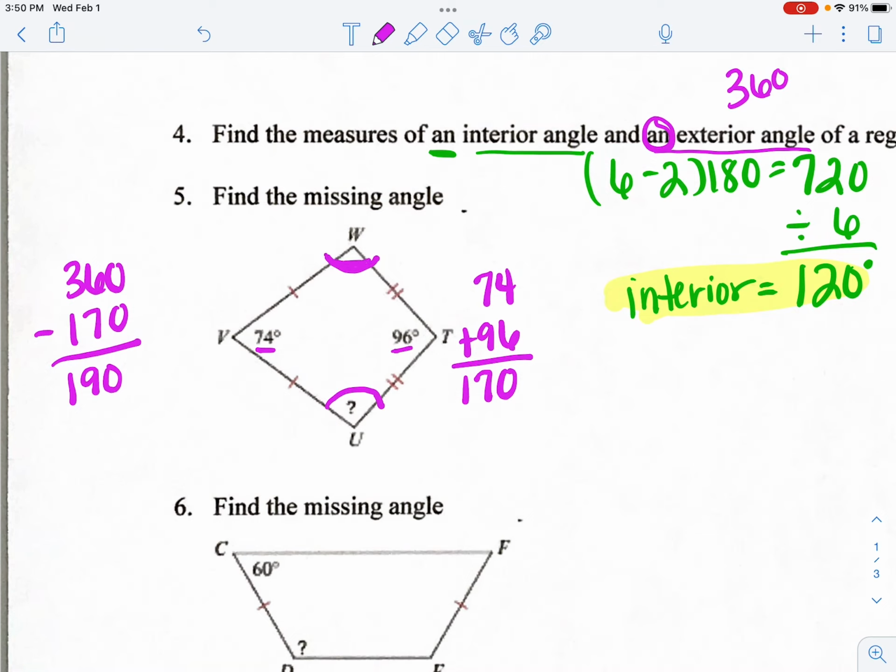Now 190 is both angle W and angle U together. So I would need to divide that by 2. And that means one angle, my missing angle that I'm looking for, angle U, would be 95 degrees. So the answer to number 5 is the measure of angle U is 95 degrees.